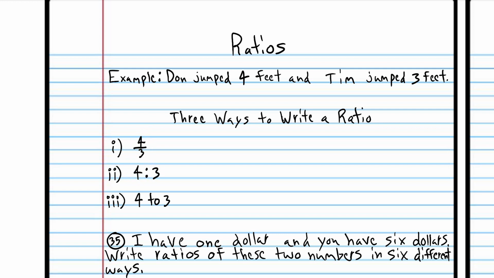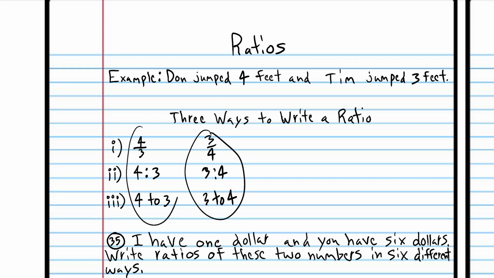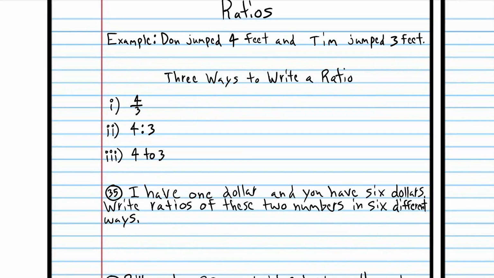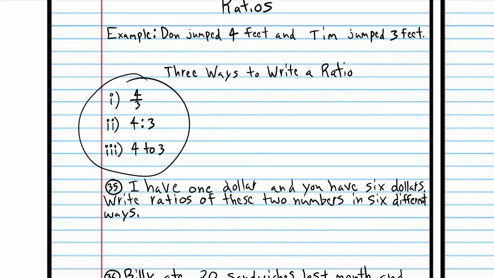And you can also flip them. You can say 3 over 4, 3:4, and 3 to 4, and so on. Just be aware that these ratios are not the same as these ratios. If you change the order, they're not the same.